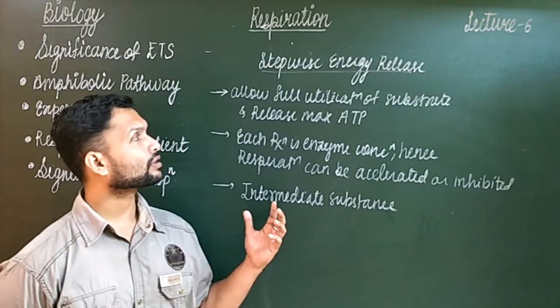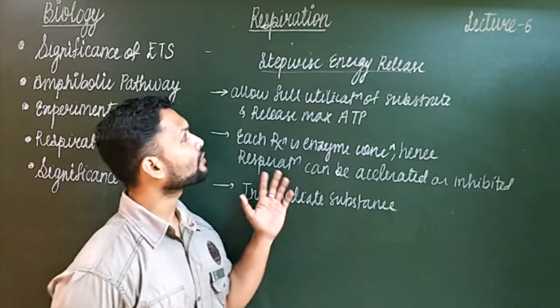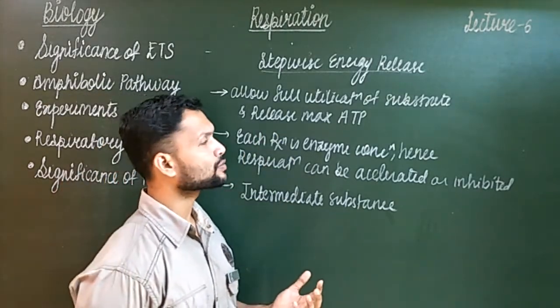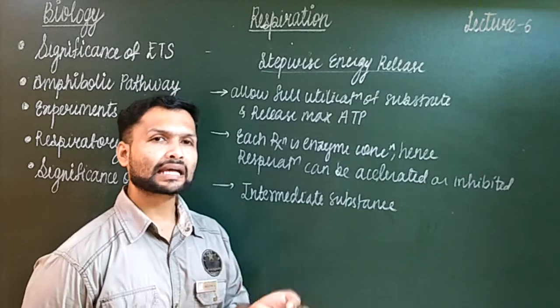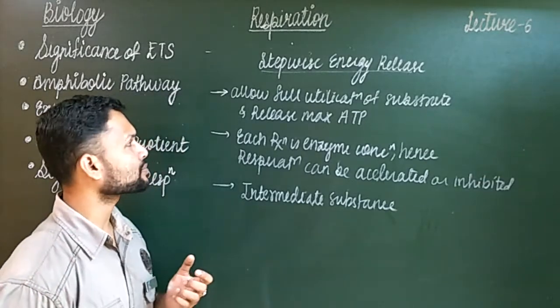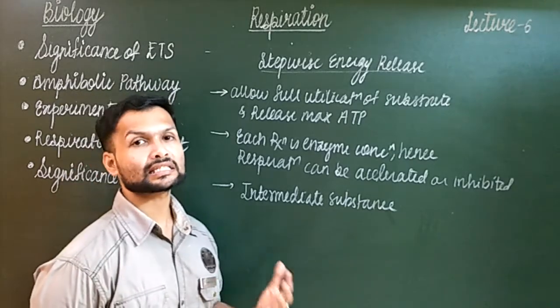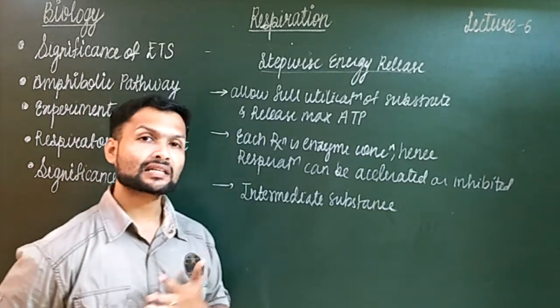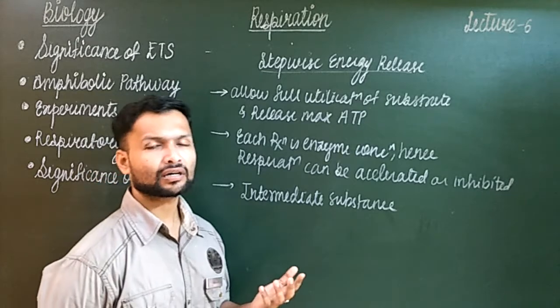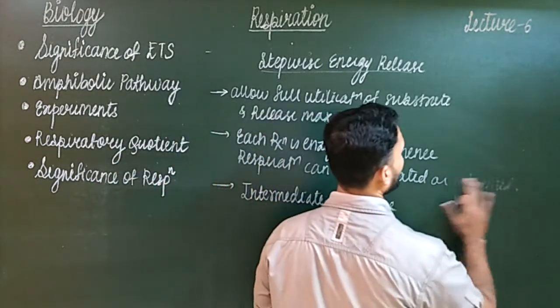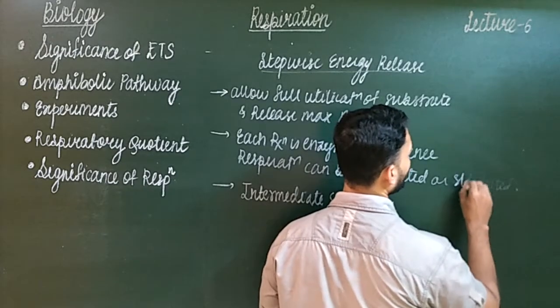So that's an advantage of stepwise energy release. First, the substrate is effectively broken down and maximum energy can be derived from it. Second, since the reactions are enzyme controlled, we can accelerate or slow down respiration. Inhibit would not be a great word, I think. Accelerate or slow down would be the better option.